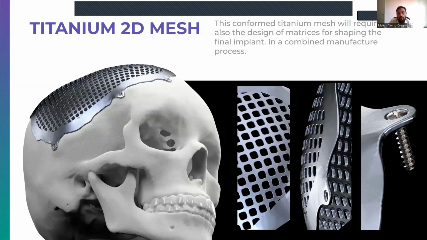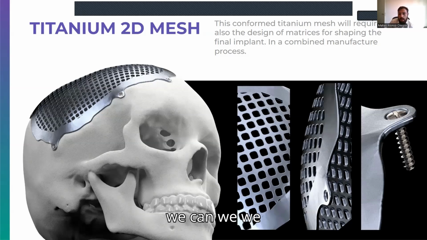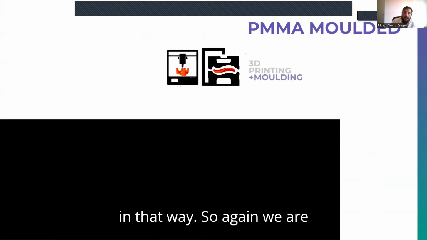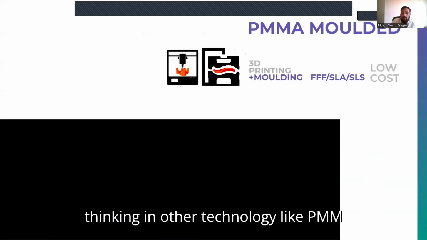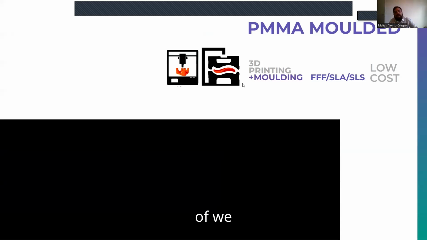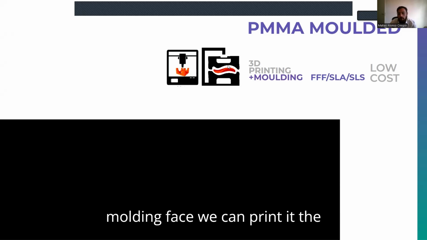So all the technology has its advantages, and we can always optimize the design in that way. So again, we are thinking in other technology like PMMA molded. This is a conforming technology as we have 3D printing combined with a molding phase.